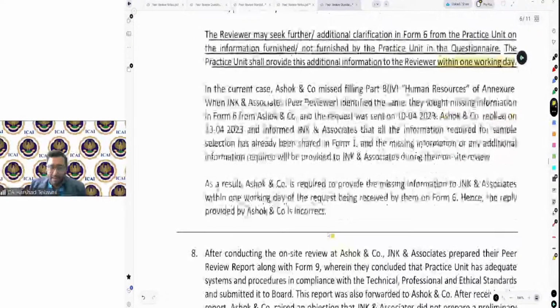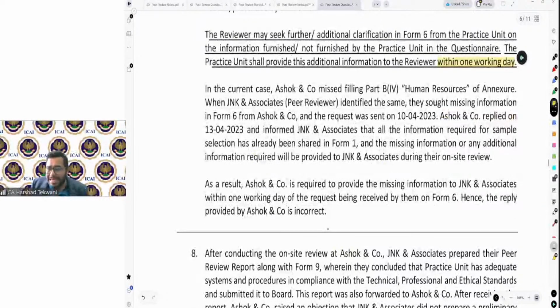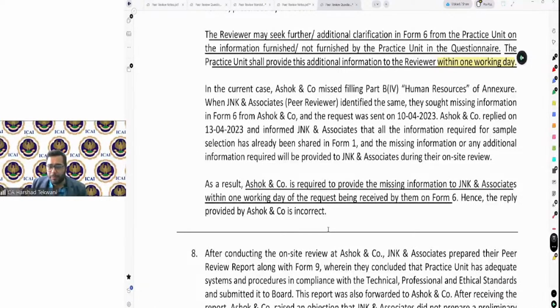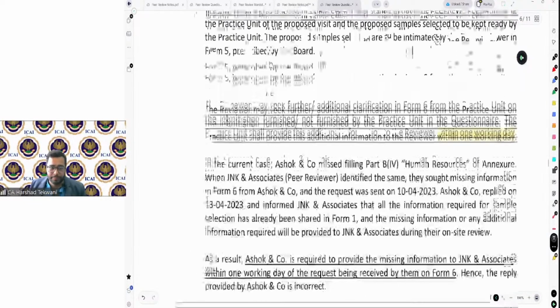As a result, Ashok and Company is required to provide the missing information to J&K Associates within 1 working day of the request being received by them. Hence, the reply is not correct. The peer reviewer is correct. Clear?